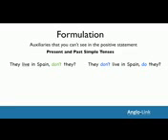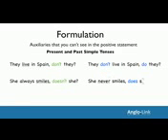They don't live in Spain, do they? She always smiles, doesn't she? She never smiles, does she? Notice that the word never creates a negative sentence and therefore requires a positive tag.